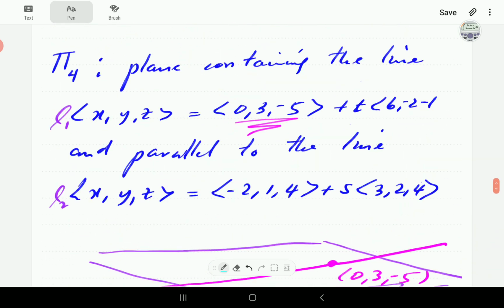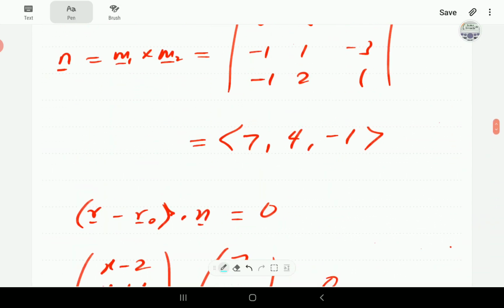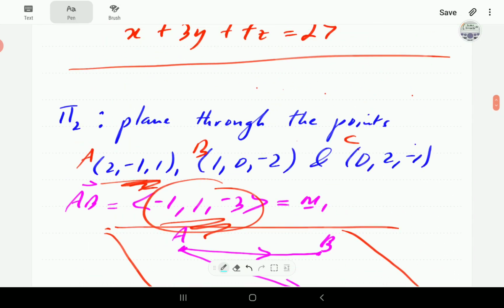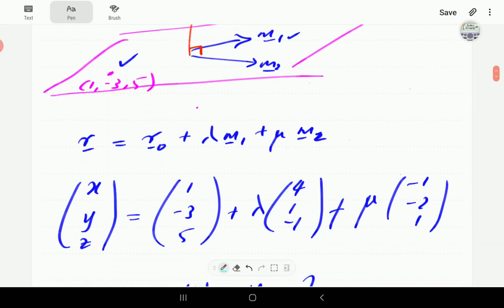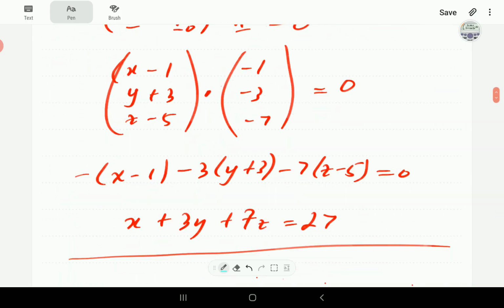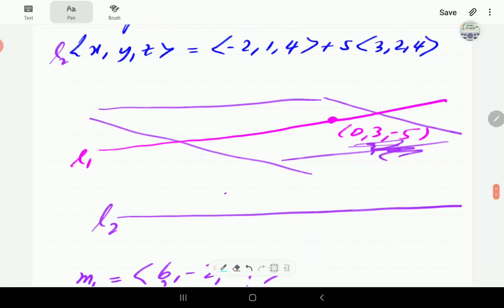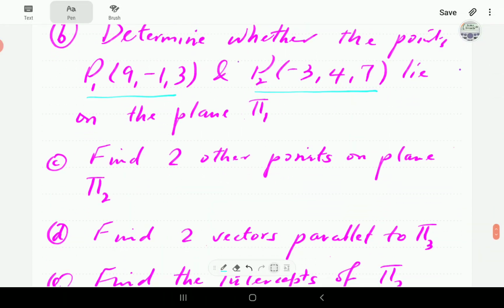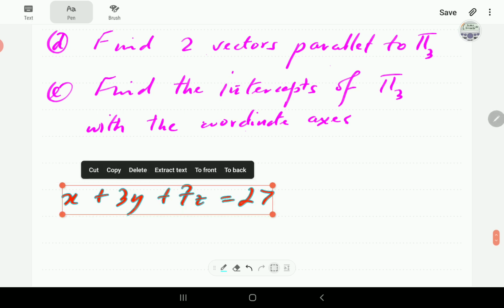So let's scroll up to find that scalar equation for pi 1. There is pi 1, and there is the scalar equation. It's a simple job of direct substitution, really.